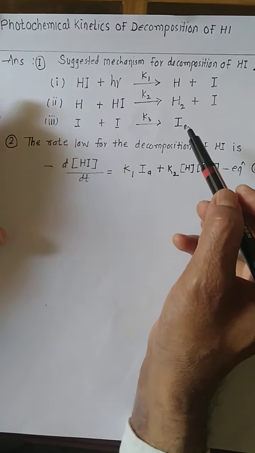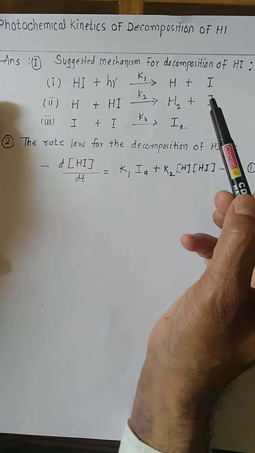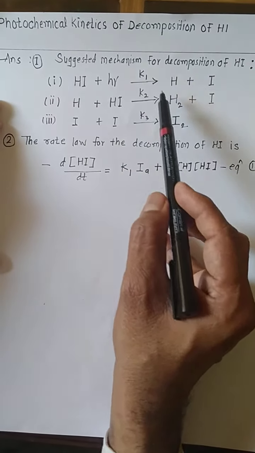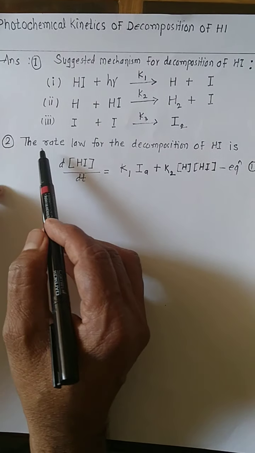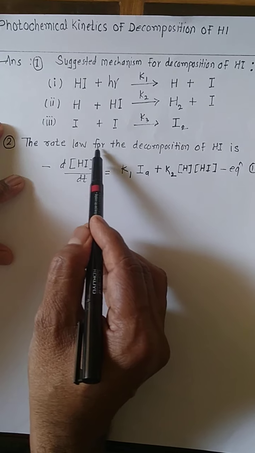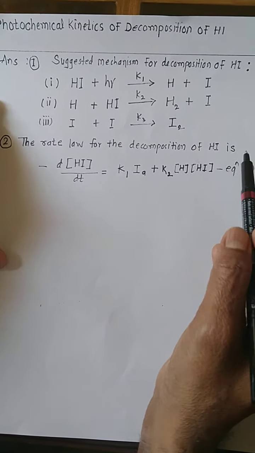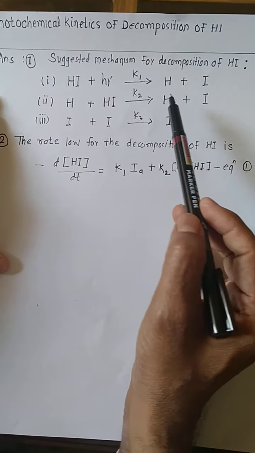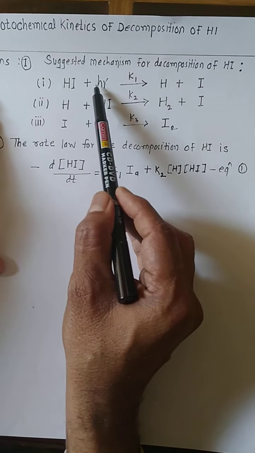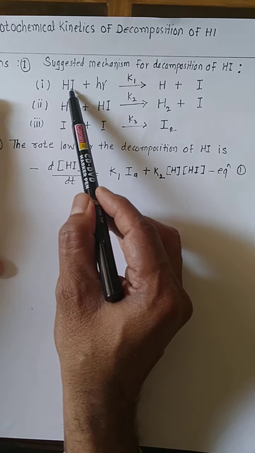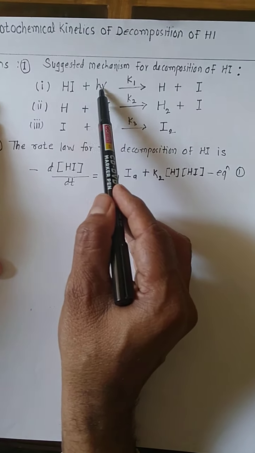Then according to our tips, first you have to write these suggested mechanisms. Second, you have to write the rate law for the decomposition of HI. Here, using these mechanisms, the HI interacts with these photons.